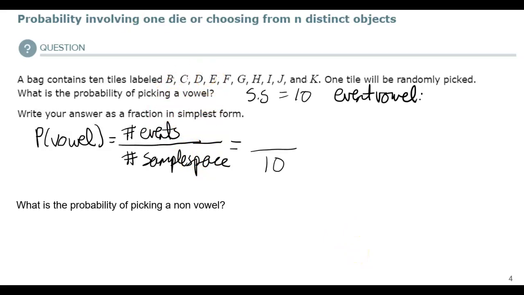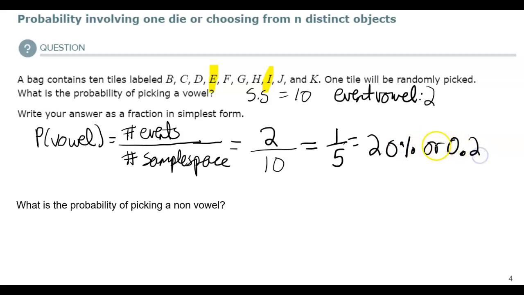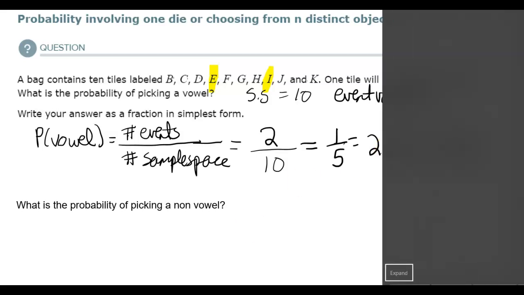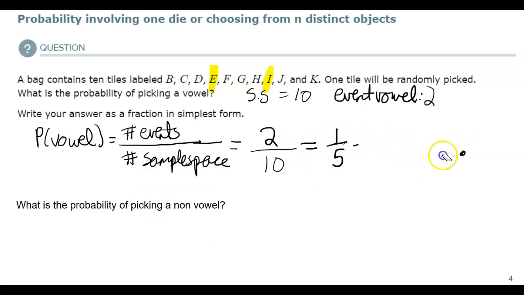We have E, I, seeing if we have any others. So the event of a vowel is 2. So 2 out of the 10 tiles that I could pull out would be a vowel. So my probability is 1/5, or you could write that as 20% or 0.2. It says your answer is a fraction, so that's our fraction in simplest form.